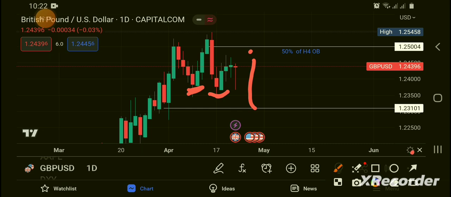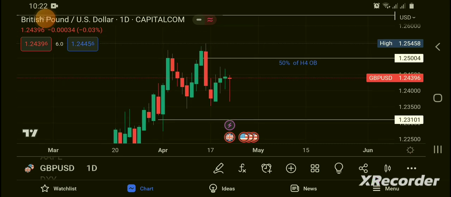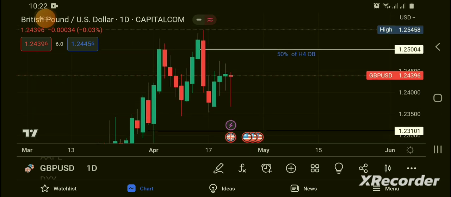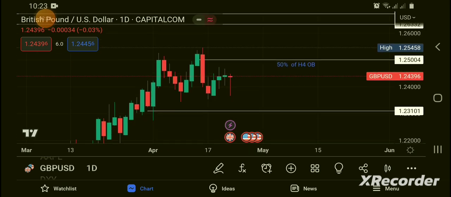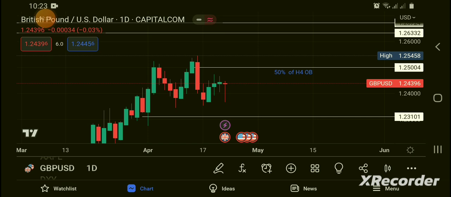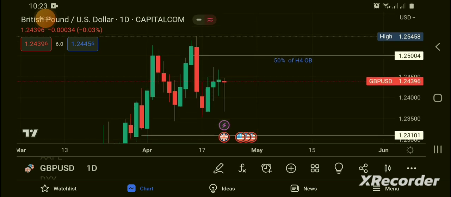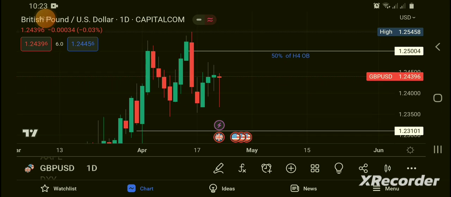Now, going into this new week, to be frank, I have two possible ideas. Idea number one is that price will continue what it was supposed to do last week, what I expected it to do last week, by coming to this zone.